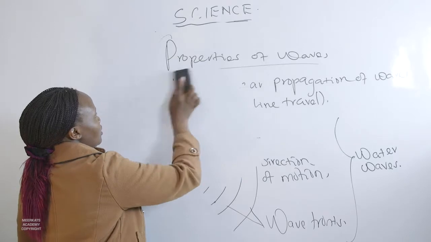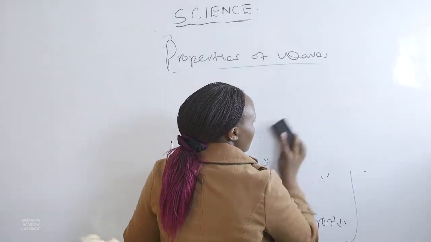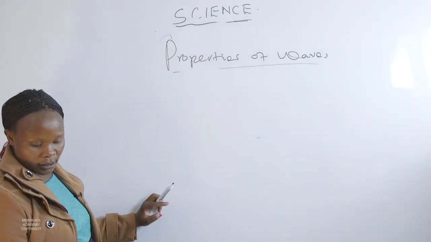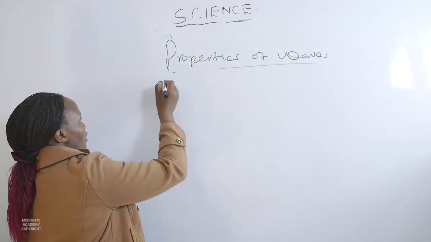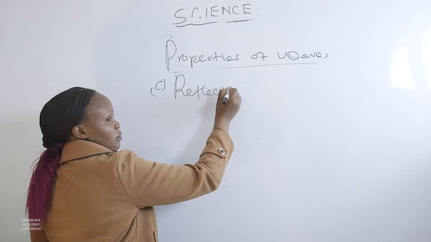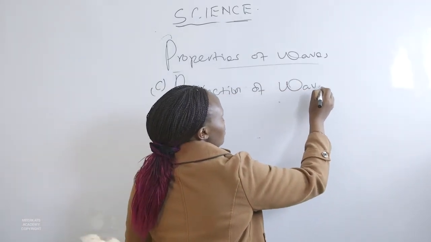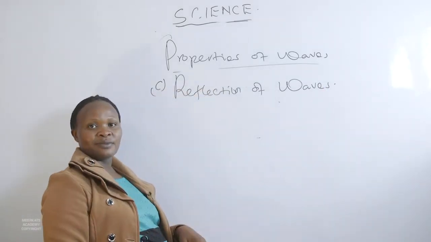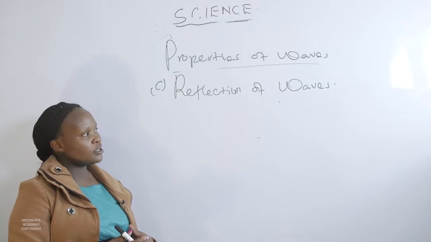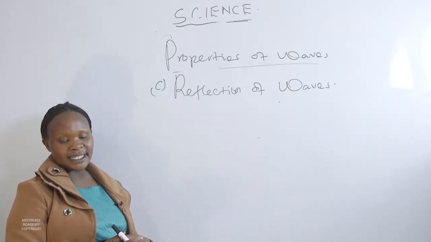Now, the third characteristic that we are going to look at is reflection of waves. Like we have looked at light in the past, we said that light can actually be reflected.